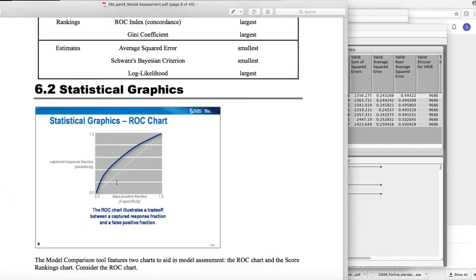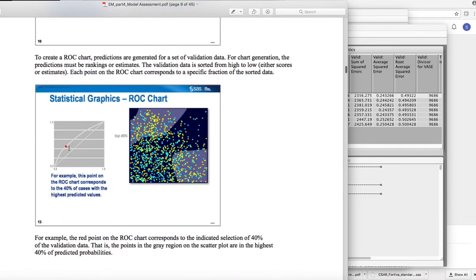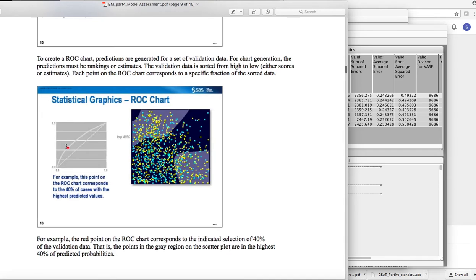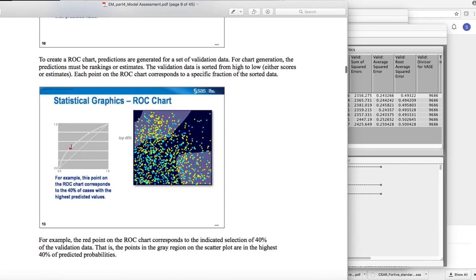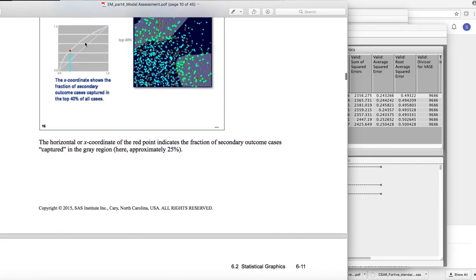And the Enterprise Miner documentation also explains how this curve is made, what the dots are that make up the curve in this ROC chart, and what the x-axis is.